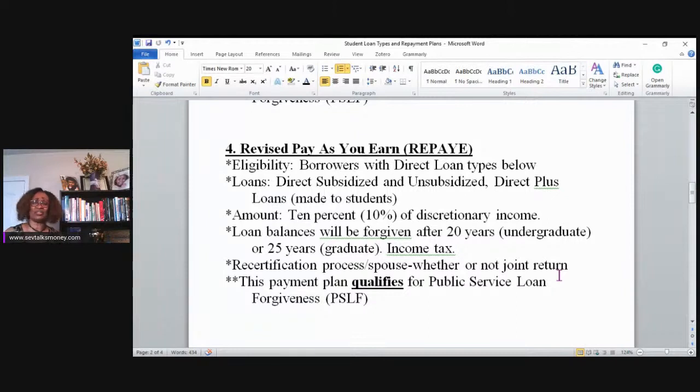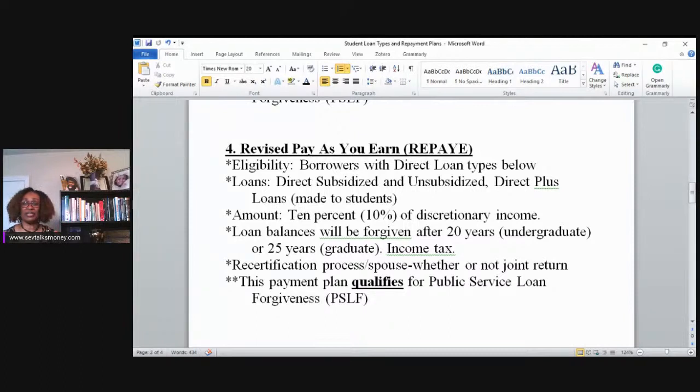Now, I don't know who wants to have a loan going 20 or 25 years. I want to get rid of that thing, okay? There are income tax implications. If the loans have been forgiven, then there's a possibility that you could end up paying income tax. So you want to consider that.